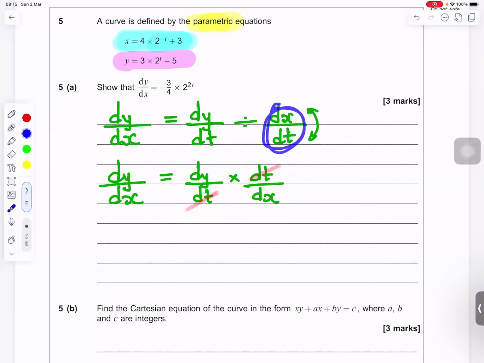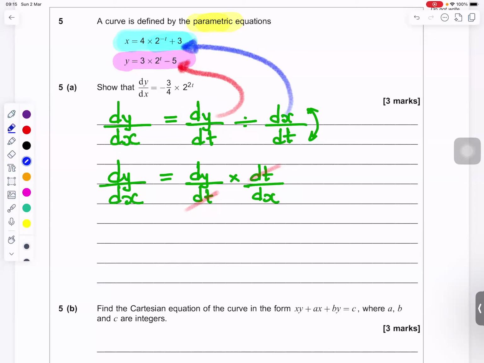After that, you find dx over dt, and then invert it and put them together in the formula. So dy over dt will be differentiating this first one, and then dx over dt, it will be differentiating that one there. So that's the plan for this question.